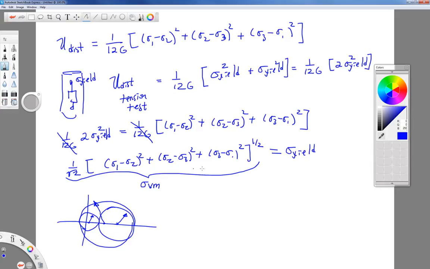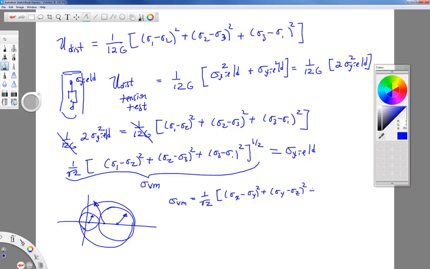Now there's another way to write this left-hand side. If you do a lot more algebra, you can write this in terms of coordinate stresses instead of principal stresses. I'm going to write that down for you here. 1 over the square root of 2. Now we have the differences among the normal stresses squared.